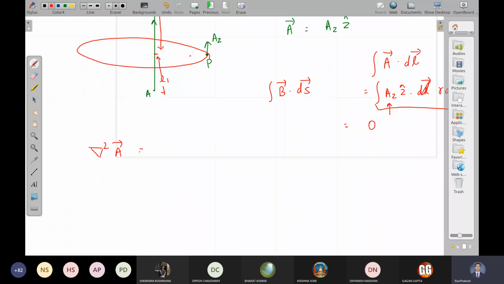This equation actually consists of 3 equations. The radial component is equal to the radial component of current density. कोई radial component है current का? Current is going along z direction only, right?